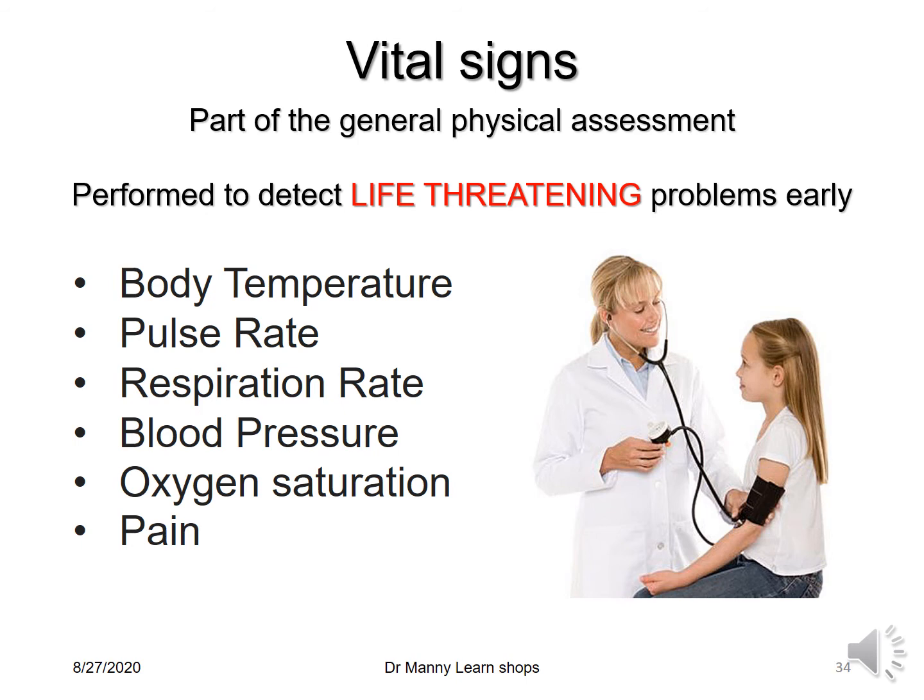Then you're looking at pain assessment. Typically, we're pain-free, but sometimes we can have pain, which can be mild, moderate, or severe. All these vital signs can detect potentially life-threatening problems.